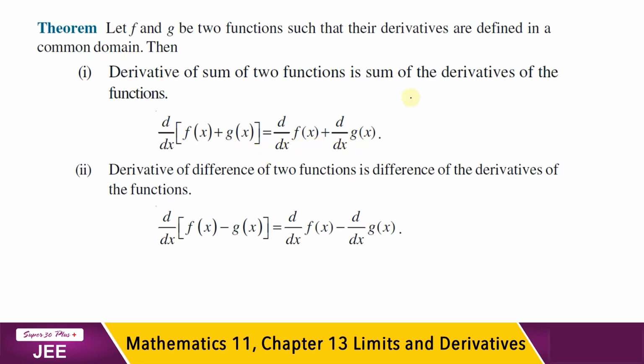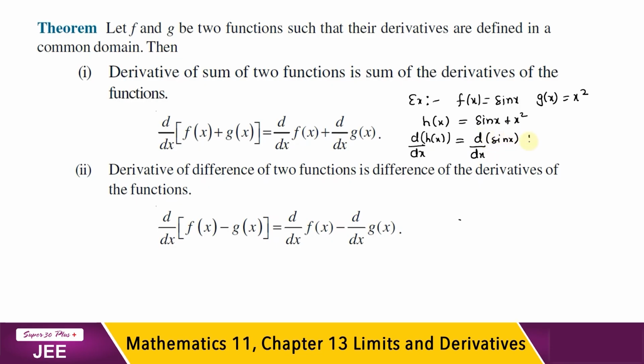For example, if we have f(x) as sin x and g(x) as x square, and if we have another function h(x) as sin x plus x square, then derivative of h(x) with respect to x will be equal to derivative of sin x with respect to x plus derivative of x square with respect to x.